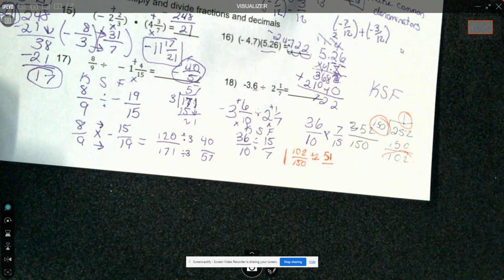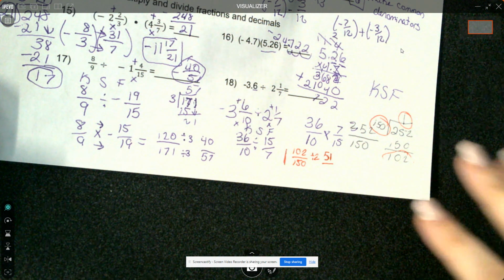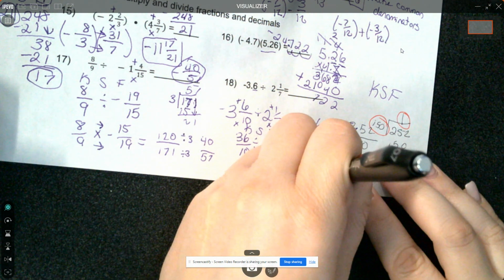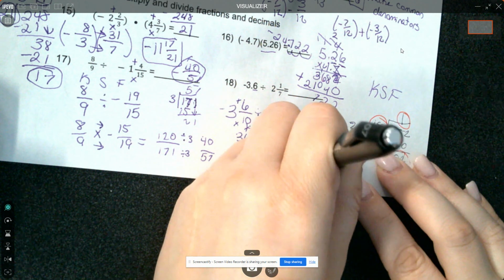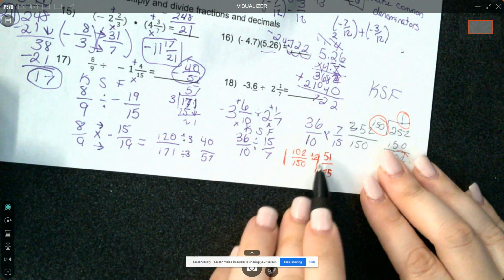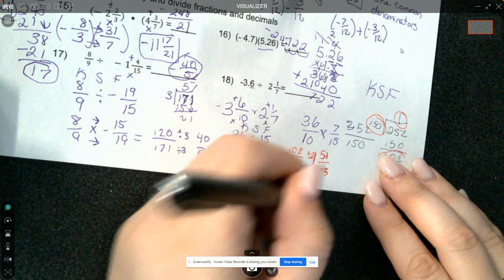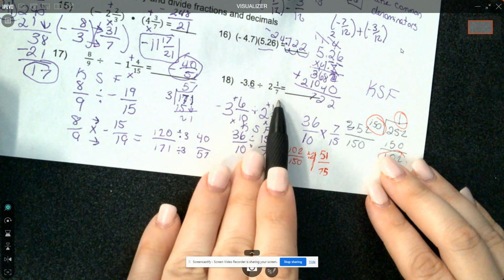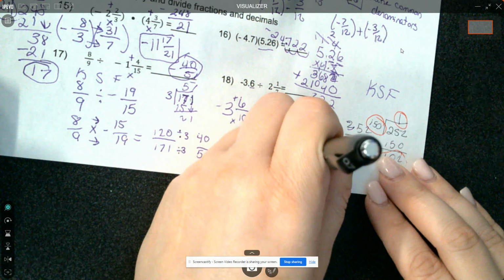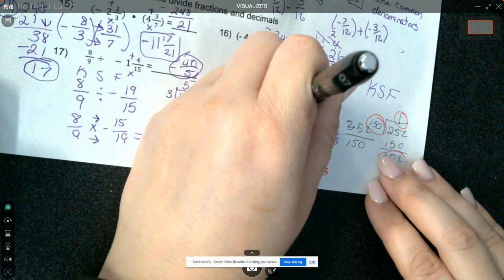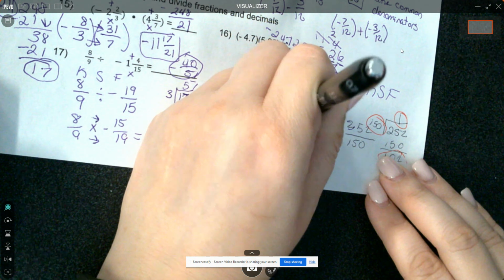So put the two together, 75. So 1 and 51 over 75. They're different signs, so it would be negative. So negative 1 and 51 over 75.